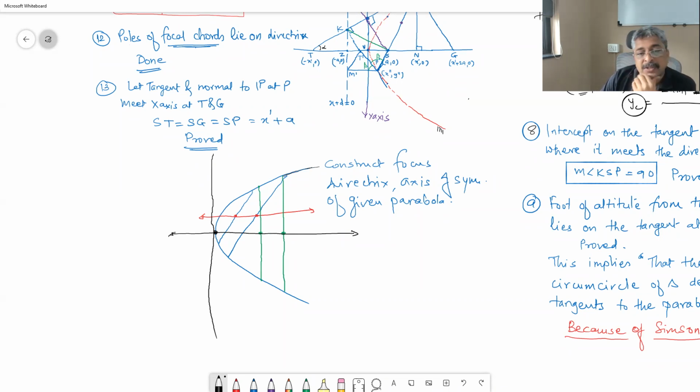But what we can do is, to these parallel chords at this point I can always draw a tangent which is parallel to these parallel chords. So I know how to draw a tangent at any point. Suppose I deliberately draw parallel chords looking like this, then I get the locus of midpoints, and that locus of midpoints will be like this. And at this point, with this slope, I can always draw a tangent.